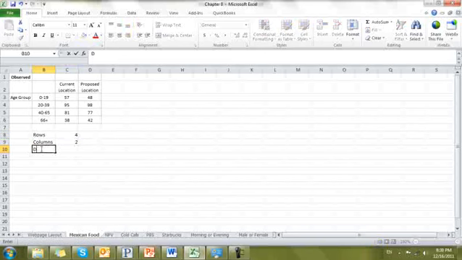So our degrees of freedom is going to be equal to the number of rows less 1 times the number of columns less 1, or 3. Our degrees of freedom in this case is 3.